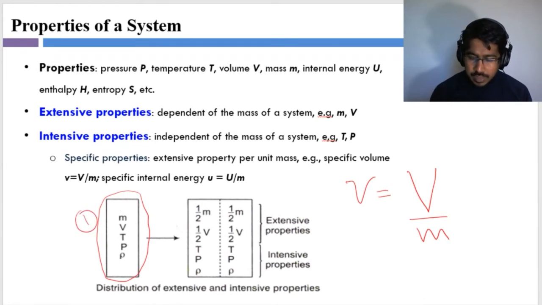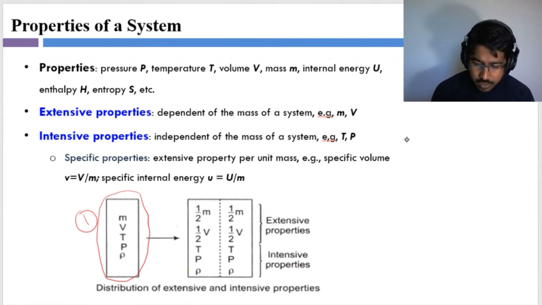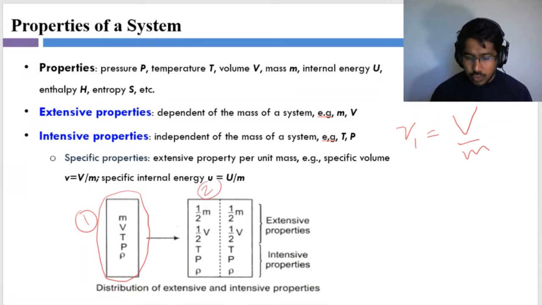Let's call this system 1, and it's definitely V divided by M of the system. Specific volume 1 equals V divided by M. And let's call this one system 2, like this half of the system.